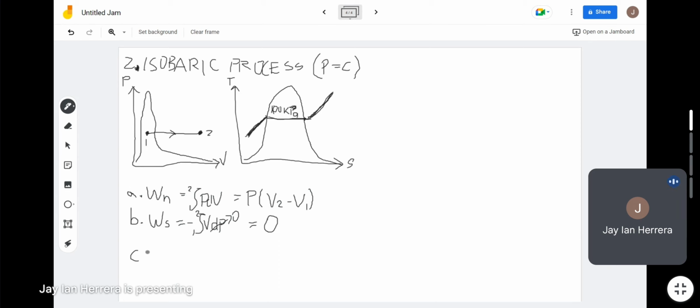What else? Our formulas: the change in internal energy is still U2 minus U1, or mass times (u2 minus u1). Delta H, or the change in enthalpy, is mass times the change in specific enthalpy, h2 minus h1.